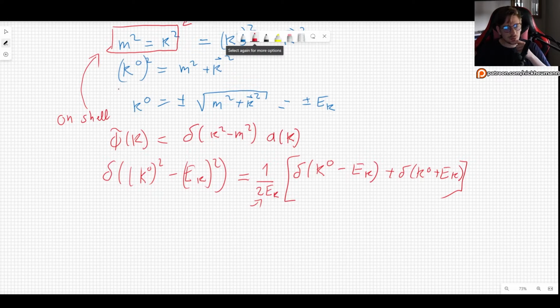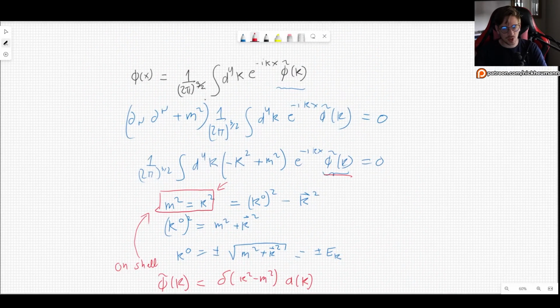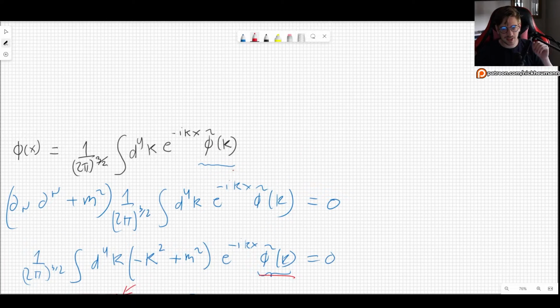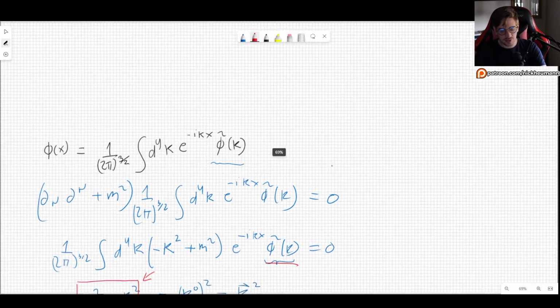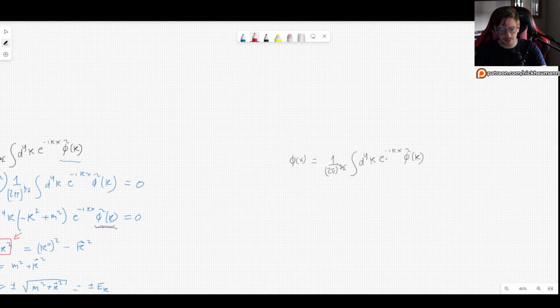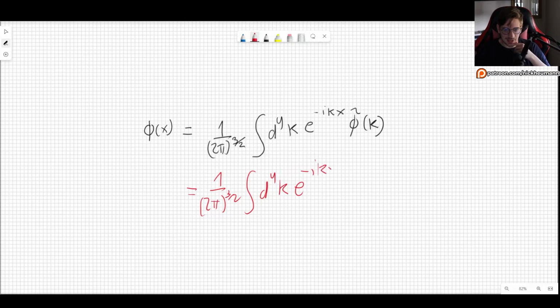All right, so plugging this into our phi's, we plug all of this back in. Let's go to the side a little bit. So we have 1 over 2 pi normalization constant, d4k, e to the minus i k x.